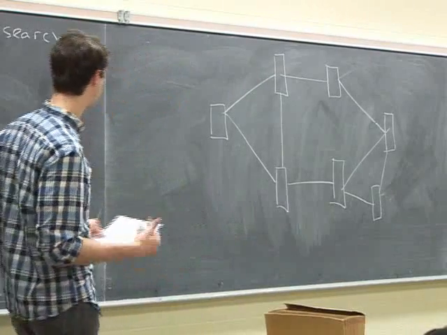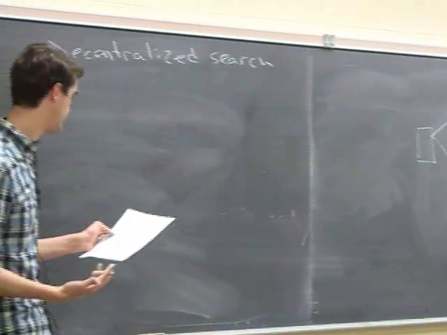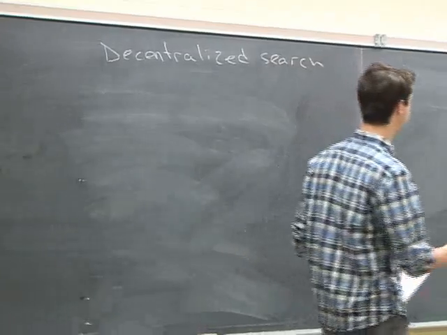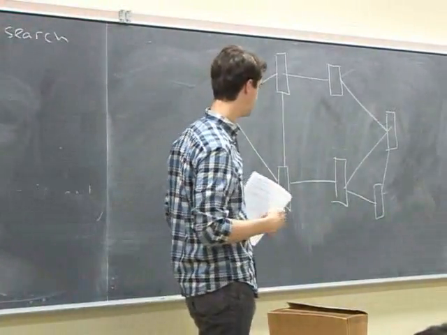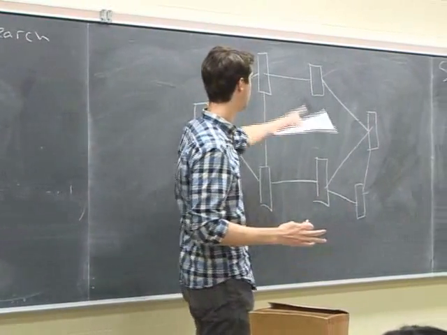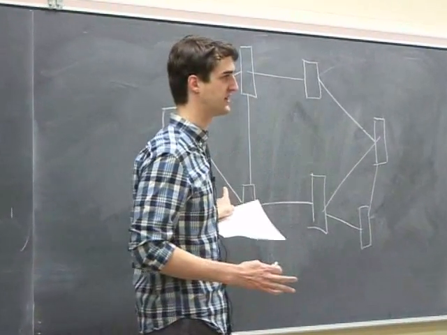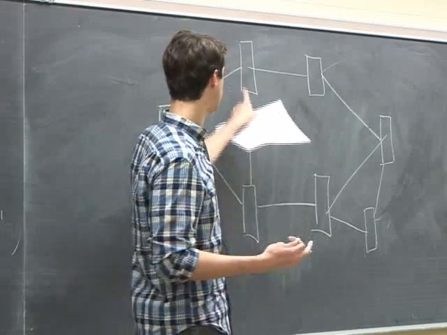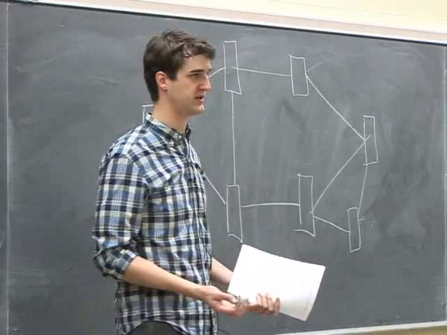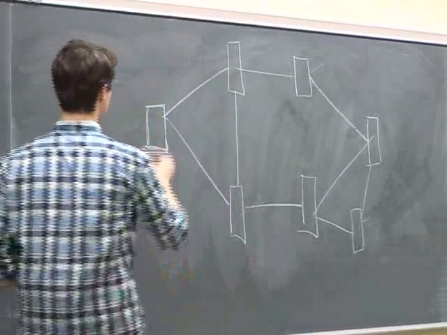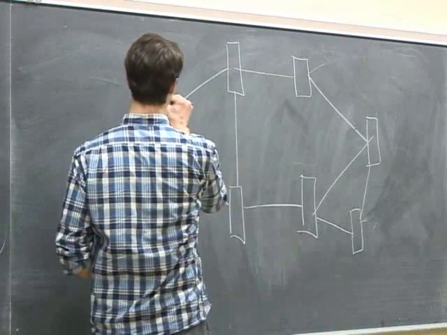Okay, so let's quickly talk about decentralized search. The idea here is that this peer is connected. Let's assume that somehow it can form this overlay network like this. It's connected to a couple of different peers, but now it wants to search for something, let's say again, avatar.